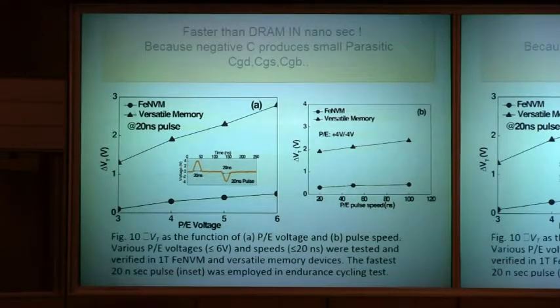But if you use our flash non-volatile memory, you can download it in less than 1 second. Less than 1 second. That's possible. So this is very fast non-volatile memory we can make in the future.